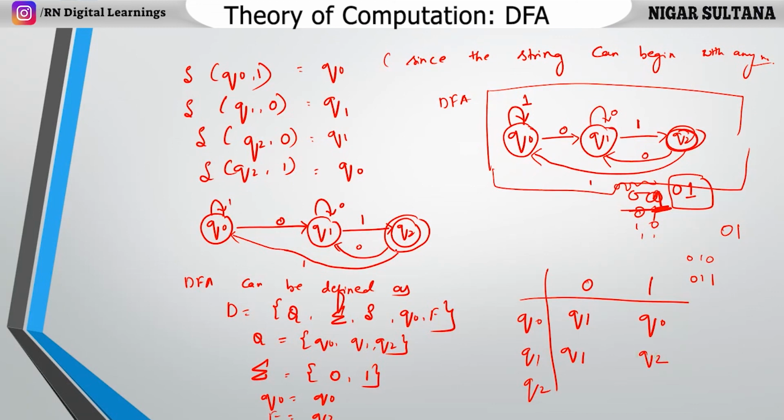Next, from Q2, 0 is moving to Q1. From Q2, 1 is moving to Q0. So, this is your starting state. This is your final state. In this way, we are going to solve the DFA problems.